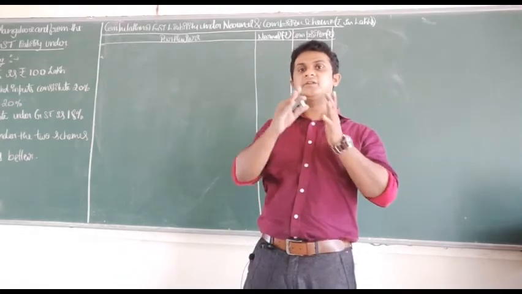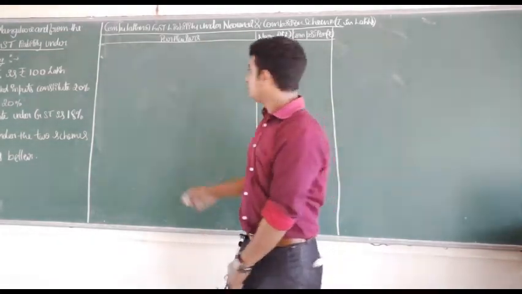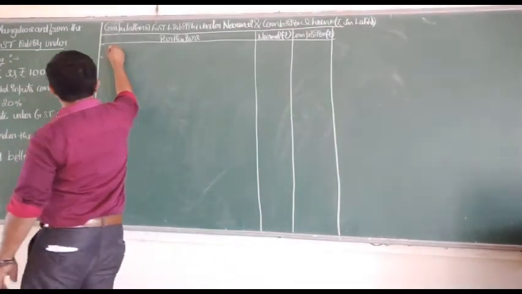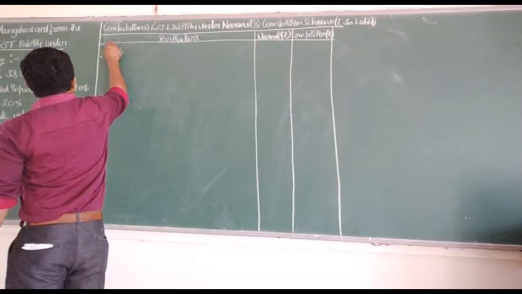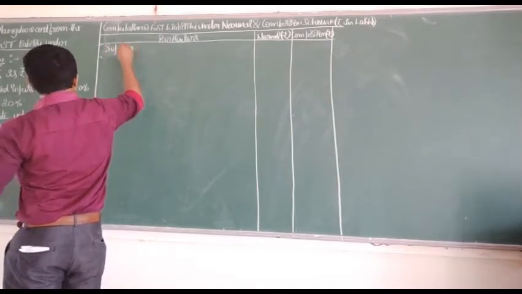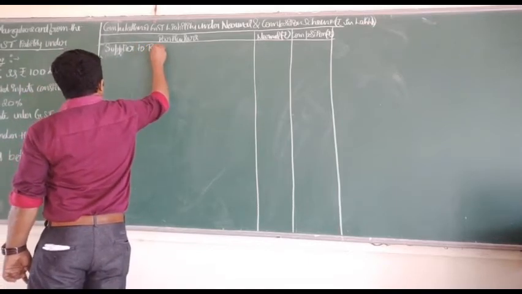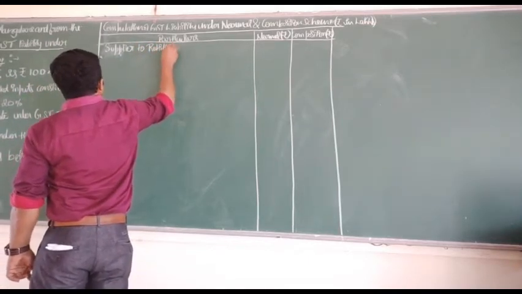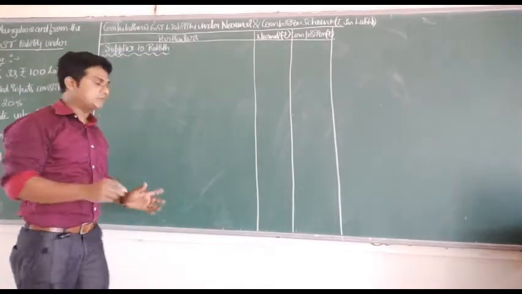So first we are making the calculation from Rohit's supplier's point of view. So I will write supplier to Rohit. So movement of goods or service I am talking about. Supplier to Rohit. Rohit is running a hotel. So from the supplier's point of view, we are calculating invoice value first.